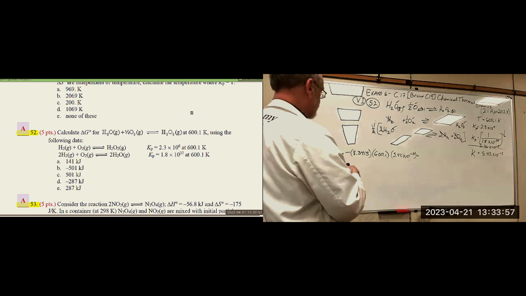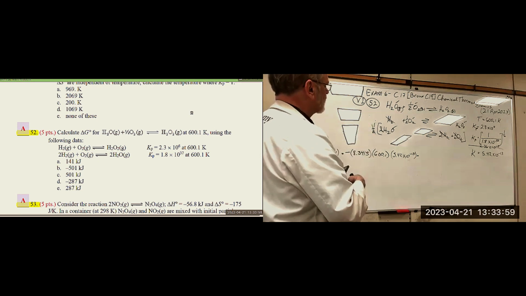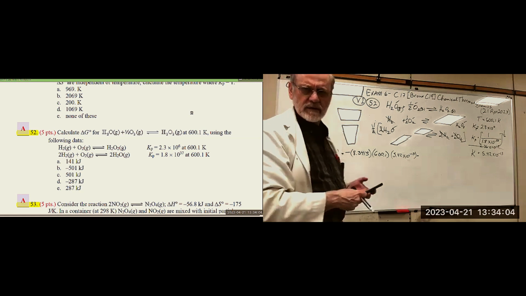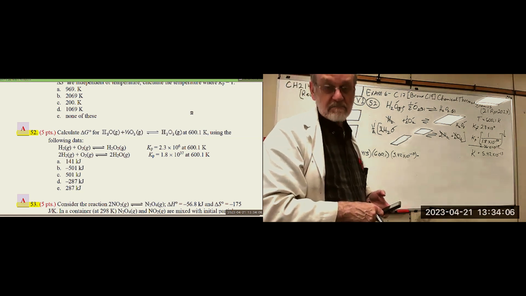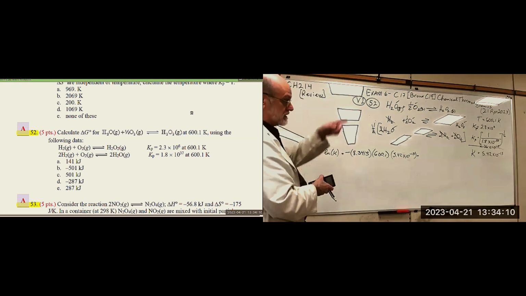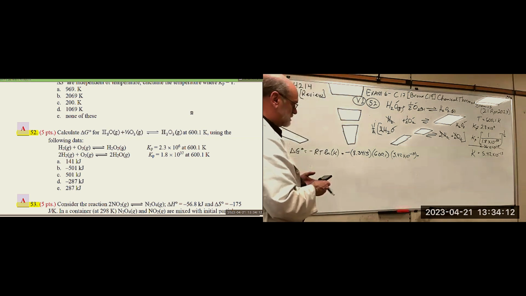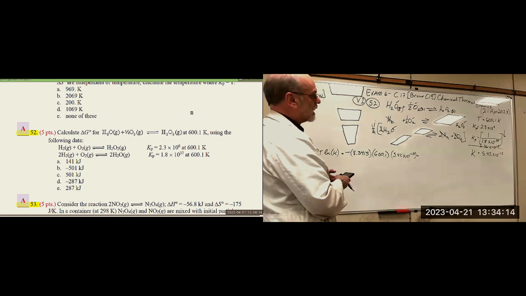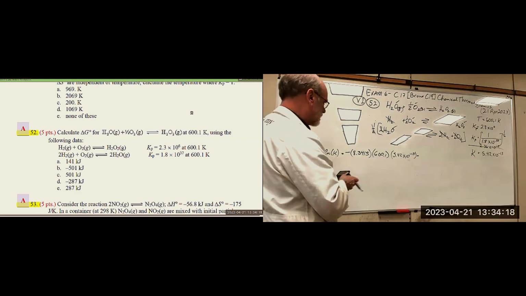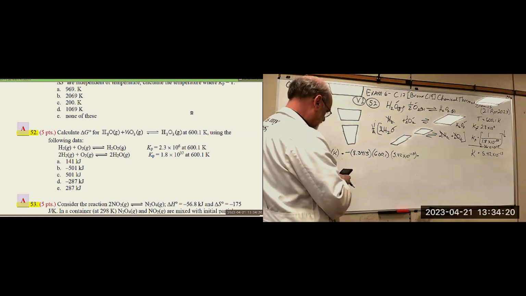So that gives us a negative value. This is spontaneous. Water and oxygen makes hydrogen peroxide. Who'd have guessed? Under standard conditions, that temperature. Yeah, that's right.